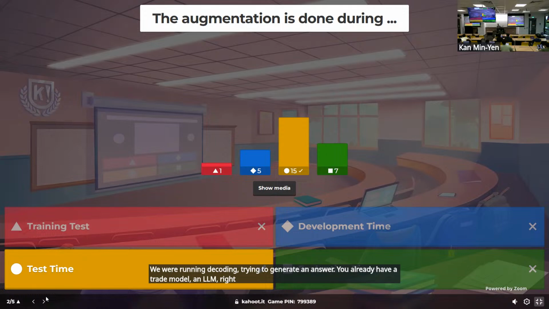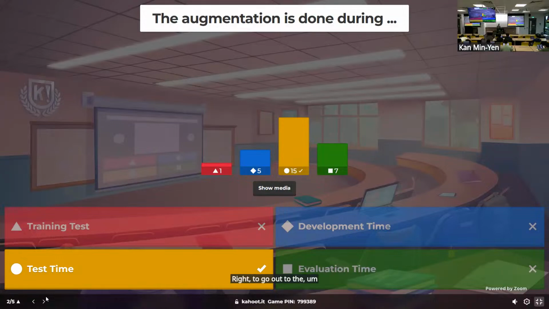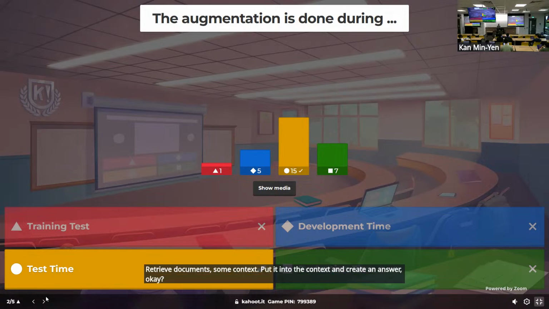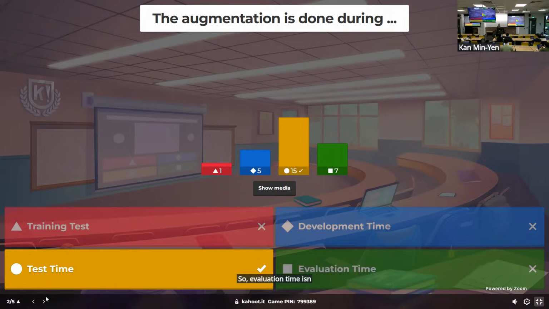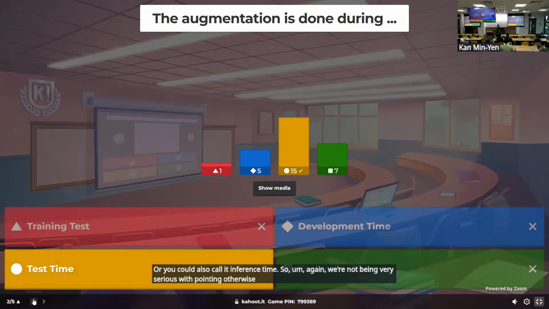It's going to get all of these queries from the user, going to go out to the public internet or the data store, or private, retrieve documents or context, put it into the context to create an answer. Okay. So evaluation time isn't strictly wrong. More people will call it test time, or you could also call it inference time. Okay. So again, we're not being very serious with the points, otherwise that would also be very concerning.